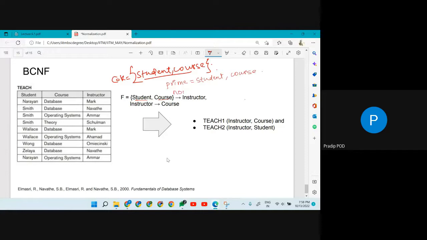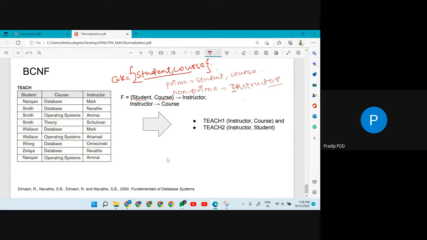And the non-prime attribute is instructor, right? Okay. So now you have to check the BCNF condition, whether it is in the BCNF or not.